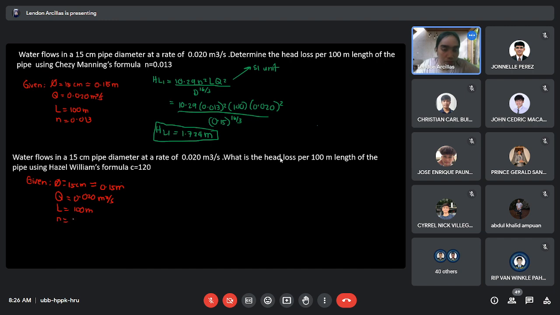N is C na siya, naka-C na siya. Okay, iba din yung formula niya sa Hazen-Williams and SI unit. Okay? The formula is 10.67 LQ raised to 1.85 over C 1.85 times D raised to 4.87. Again, this is SI unit.